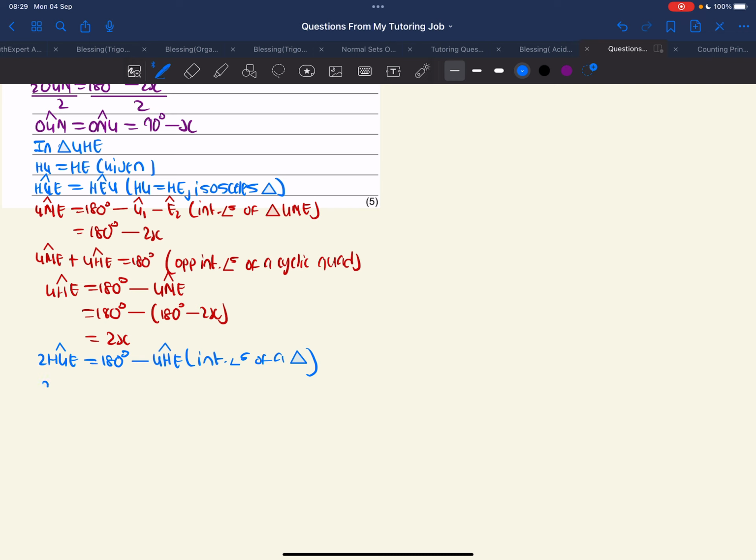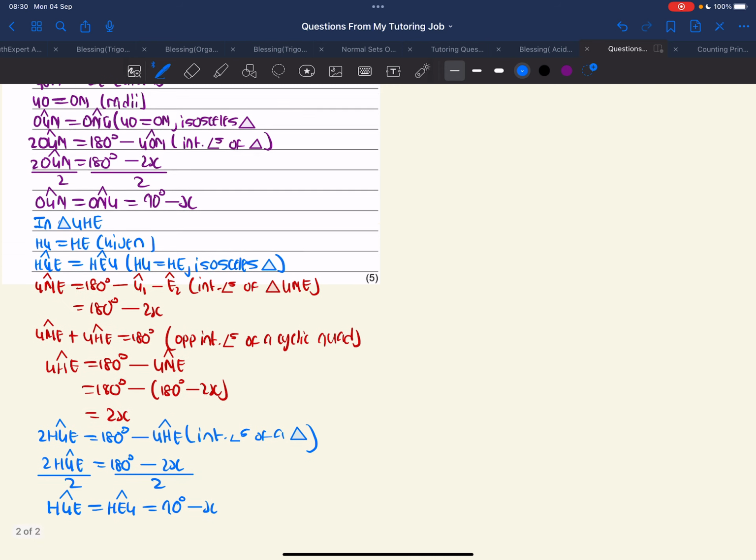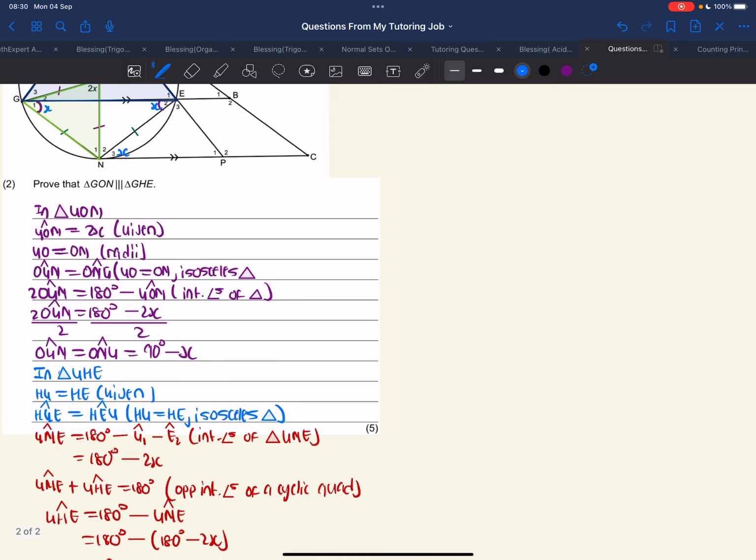So 2 HGE equals 180 degrees minus 2x. Then dividing both sides by 2, HGE is equal to HEG, which is also equal to 90 minus x. Okay, so now we know everything that's happening there.